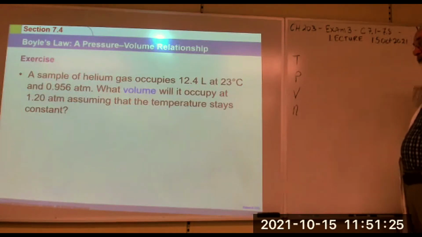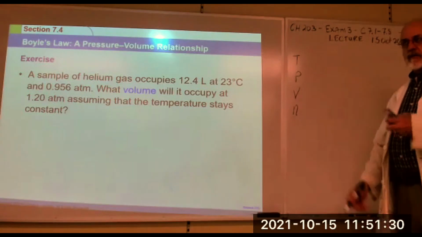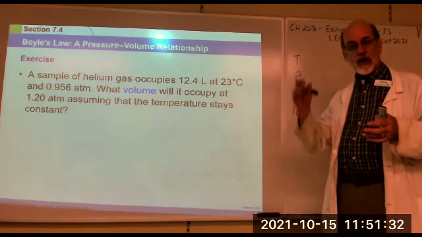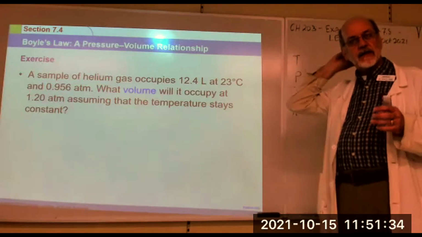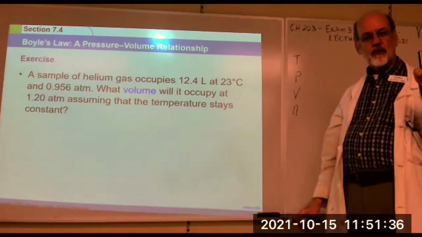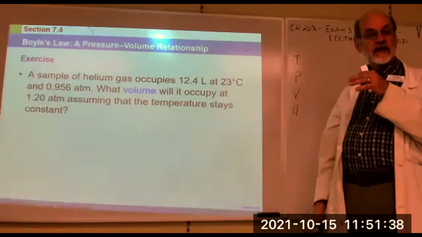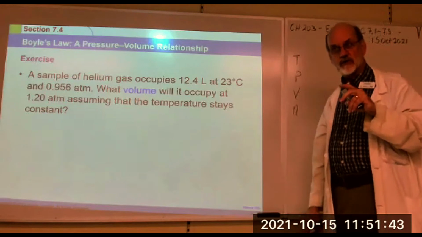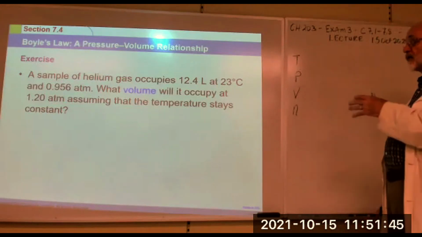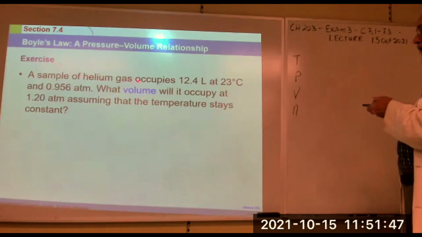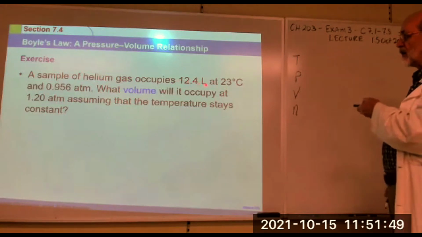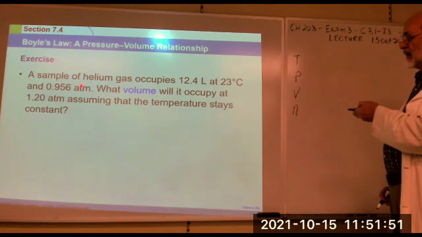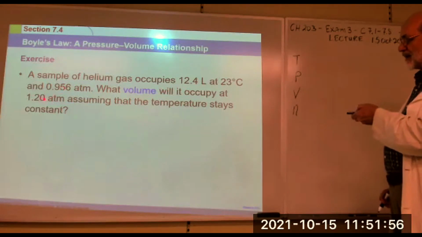In the interest of time, when you're solving a problem in the gas laws, look to see if it's given you before conditions and after conditions, and then see which one's missing. That'll tell you which law to use. At this point, we've got a 12.4 liter gas at this pressure, and then we change the pressure from this to that.